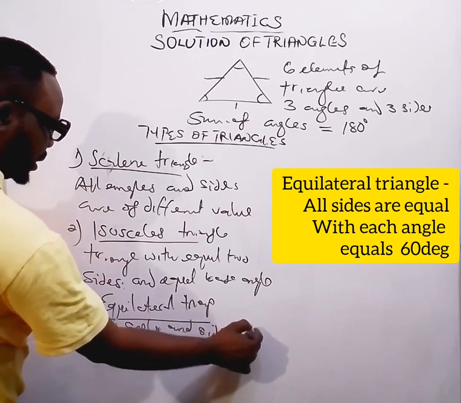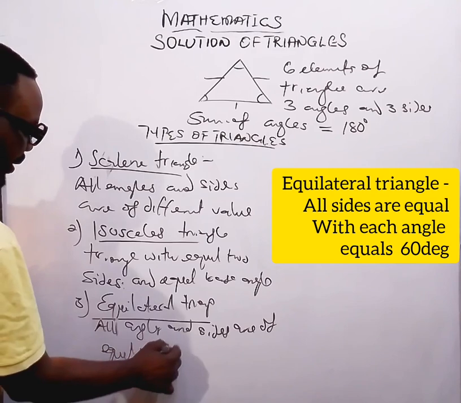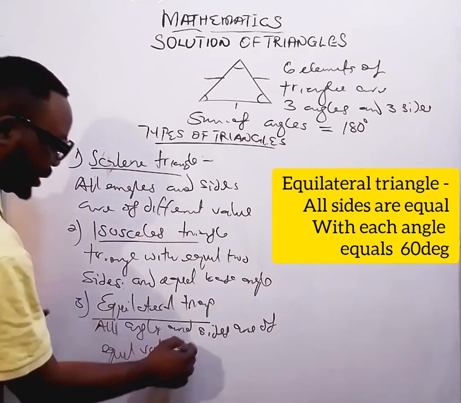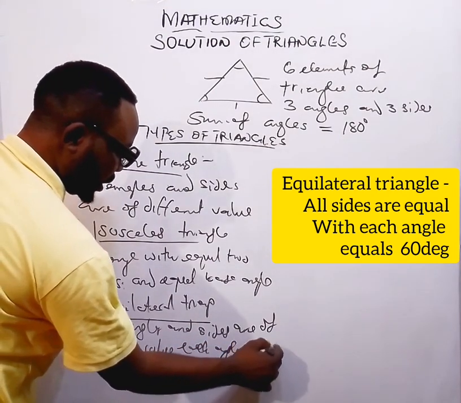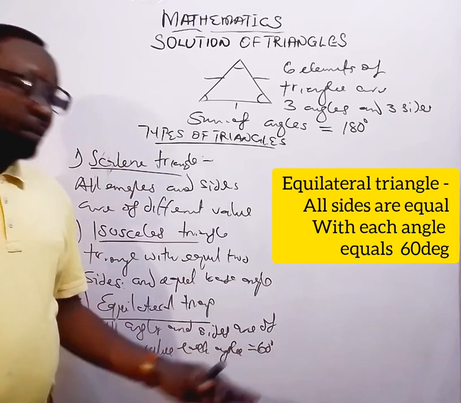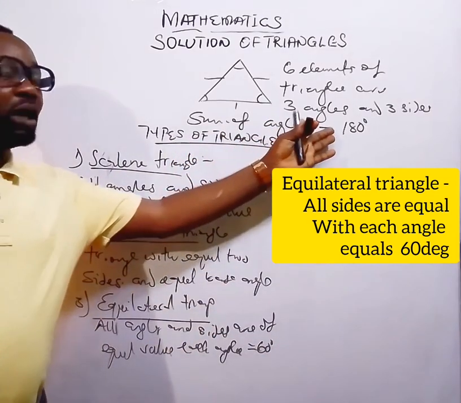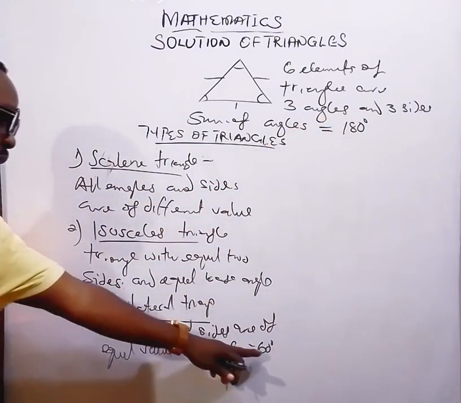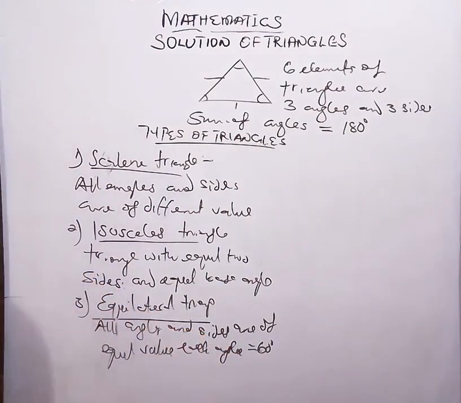In that regard, each angle is going to be equal to 60 degrees. If you multiply 3 by 60, you are going to get 180 degrees. Since we know that the sum of angles in a triangle is 180 degrees, this is the value for each angle of what we refer to as an equilateral triangle.